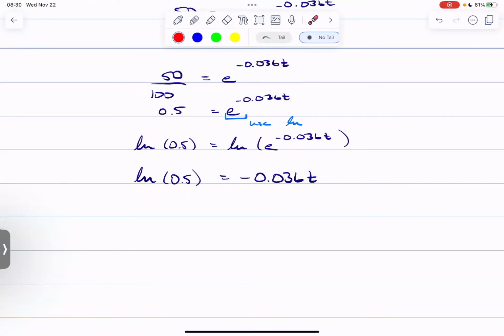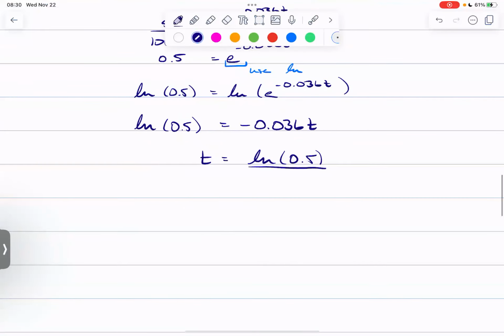Right? I'm gonna do my switcheroo. I'm gonna bring this, kind of my revolving door, right? And say that t is the natural log of 0.5 divided by negative 0.036. The natural log of 0.5 is just a number.